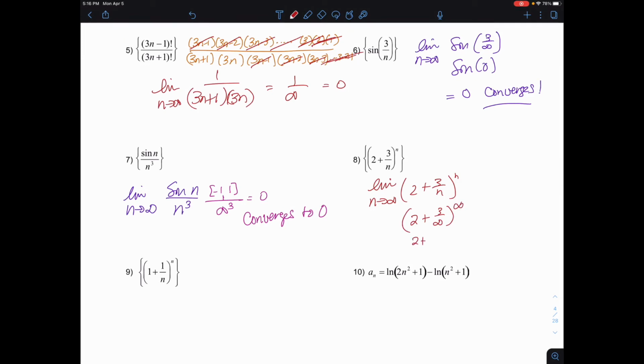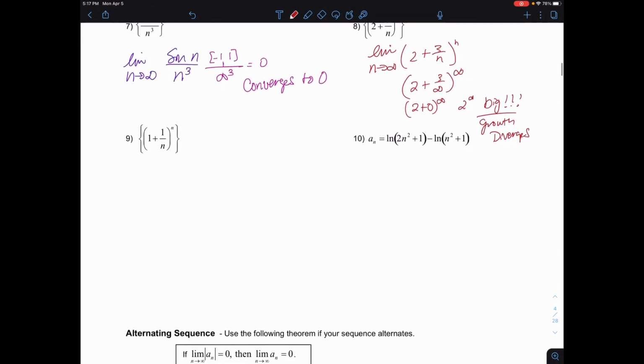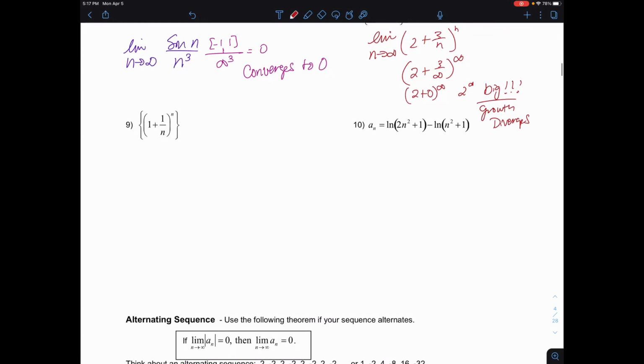Well, that's 2 plus 0, since 3 over infinity is 0. So 2 to the infinite power. That's just getting big, right? Since it's getting super big, that's growth, and that thing diverges. It's going to infinity. So diverging means it's going to infinity or it's going to negative infinity.